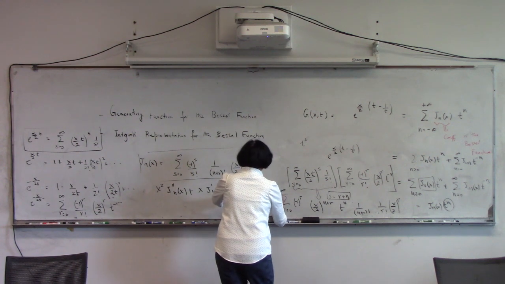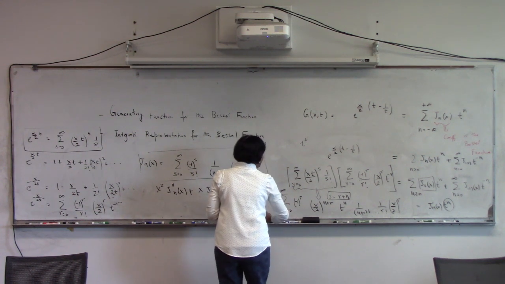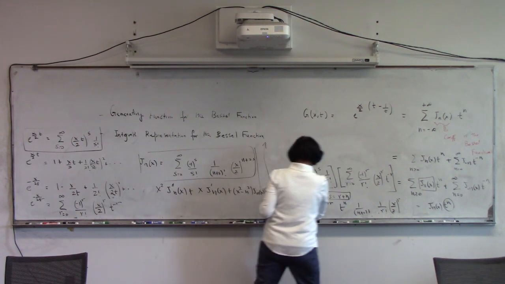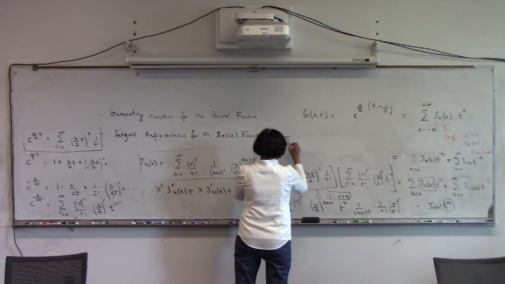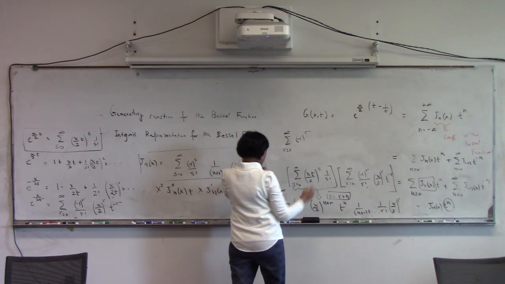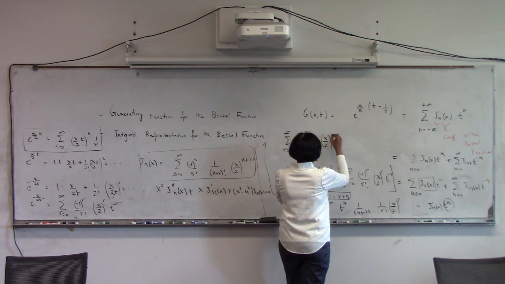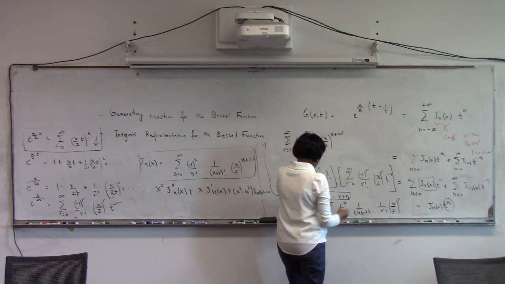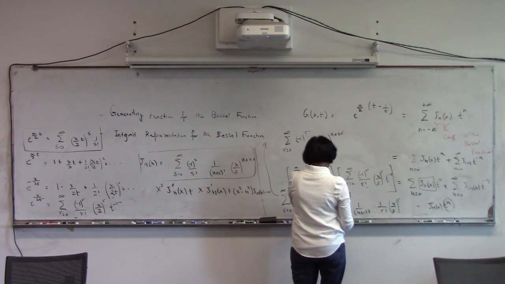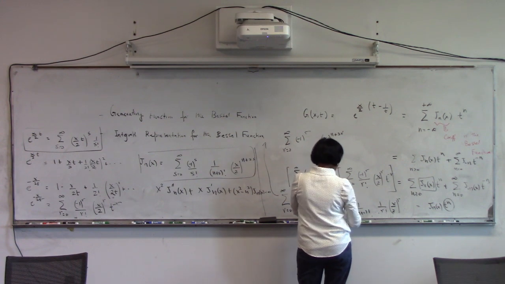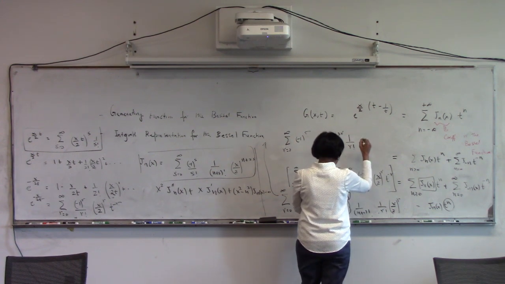So this expression is exactly what I need: minus 1 to the power of r, sum from r going from 0 to infinity, of (x/2) to the power n plus 2r. Here is 1 over r factorial, here is 1 over (n plus r) factorial, and I'm looking at the coefficient of t to the power of n. That's all I need.